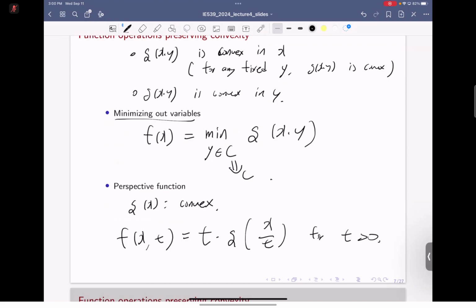There are some applications, I think in some type of portfolio optimization problem, where it's easier to use this transformation. You start with a convex function and build a function in a higher dimensional space, which is sometimes easier to work with, depending on your application.